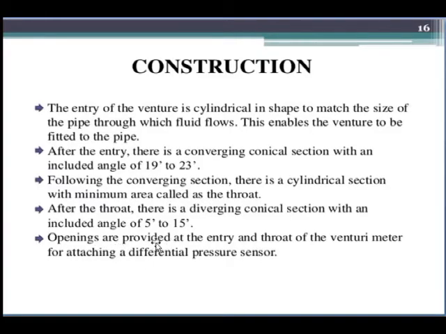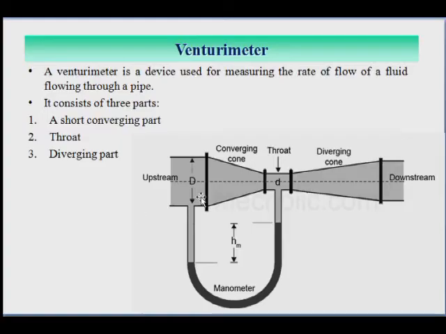Then the openings are provided at the entry and the throat of the venturimeter for attaching the differential manometer. Here the openings are provided at the inlet and at the throat for attaching the manometer. This is the construction part of the venturimeter.